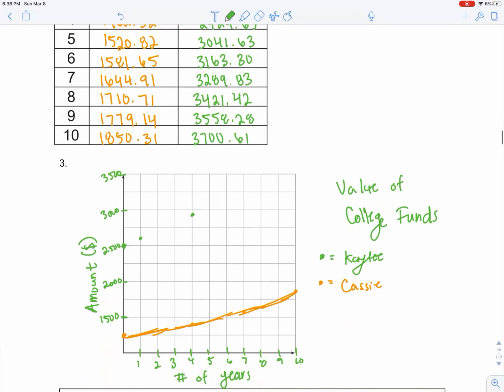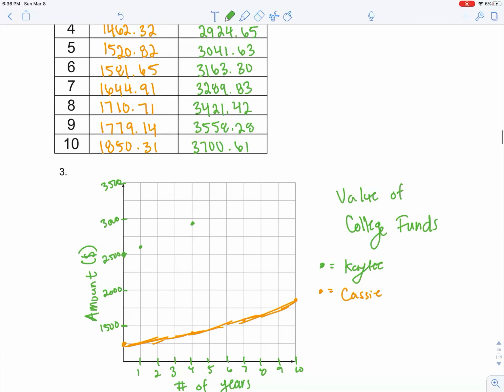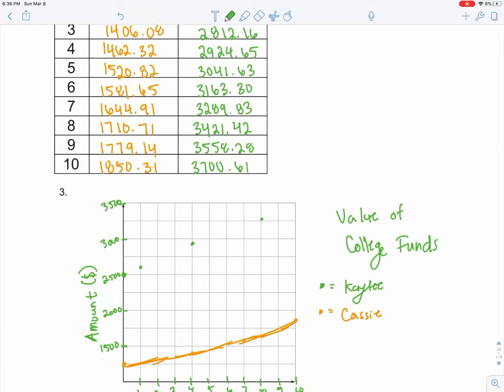So I'll say that's like right there. And then at year 7, she's at 3,289. So that's just above that halfway point, because it's 3,250. And then at year 10, she's around 3,700. So I'll just graph with these points. Oops, that's too low.